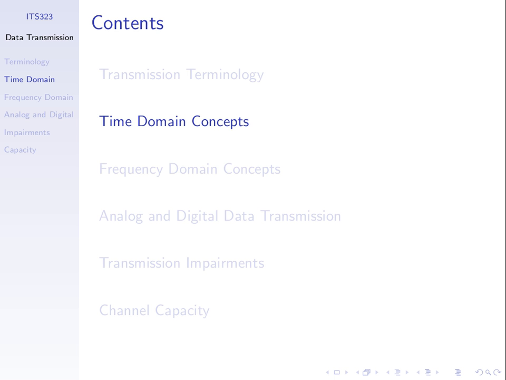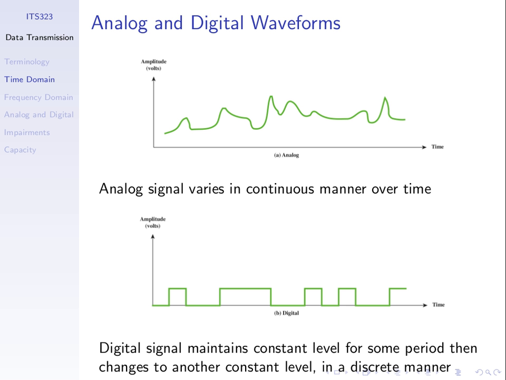Here's some examples, and these are showing more terminology really. Okay, we can have analog and digital signals that we transmit. Here's an example. Well, an analog signal varies in a continuous manner over time. Okay? So here's time, and here's the amplitude of that signal, say a measure of some energy in volts, and it's changing continuously over time.